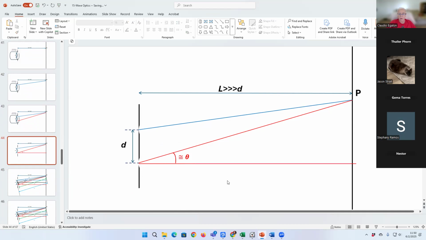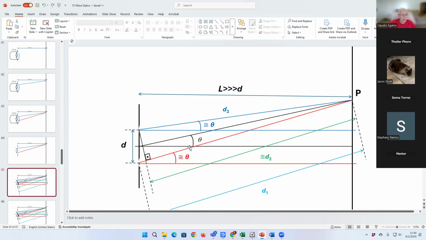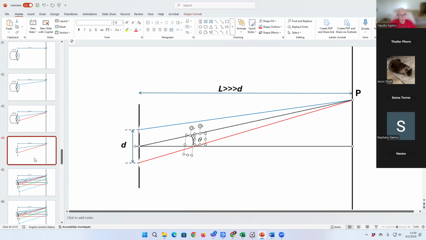That is our reference. We're gonna have a horizontal line here. But first, before we introduce this horizontal line, let's introduce the other one. This one that passes through the middle of this slit is better, right? That would be our reference.